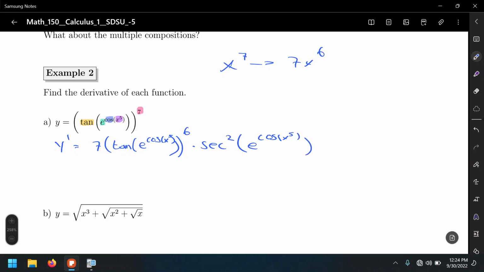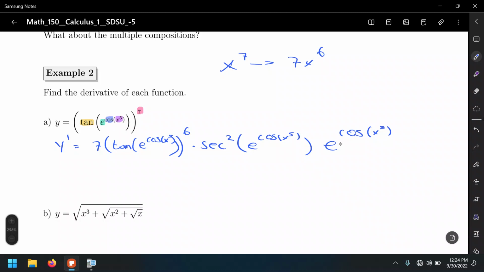All right, so we're done with differentiating the tangent. What's the next layer in this case? The e. Okay, so we differentiate the e. What's the derivative of an exponential? Isn't it itself, e to the cosine of x to the 5th?